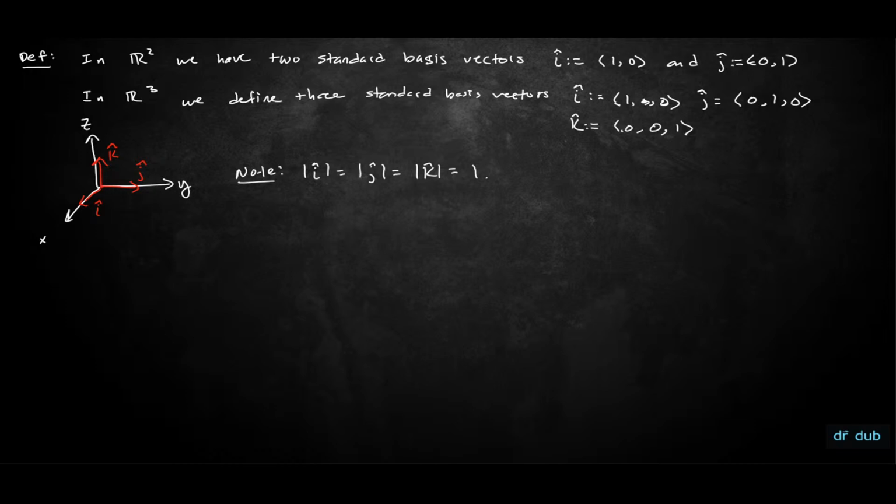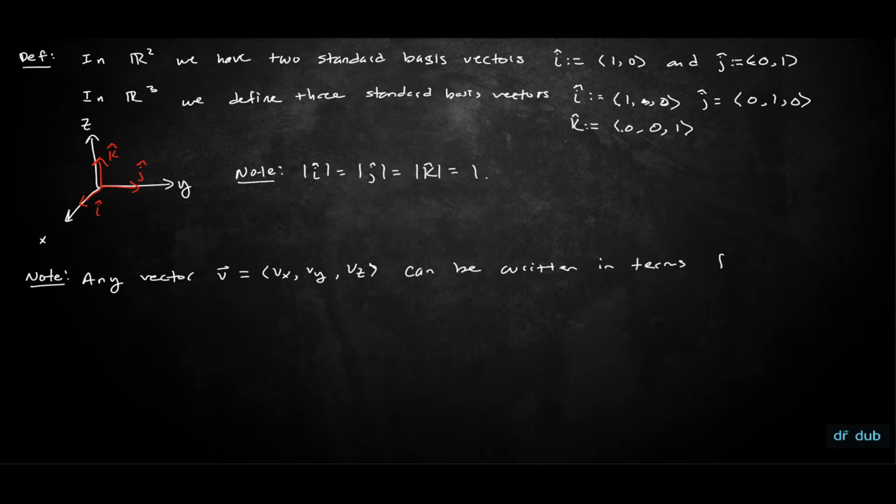And it's important to note any vector v equal to vx, vy, vz can be written in terms of i, j, and k.